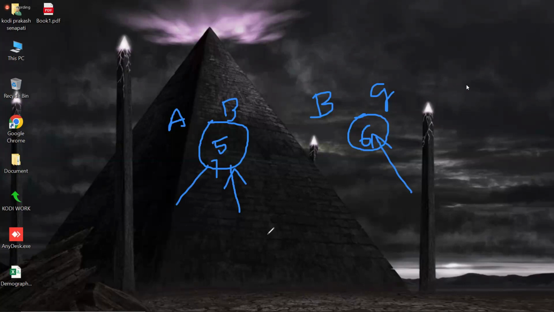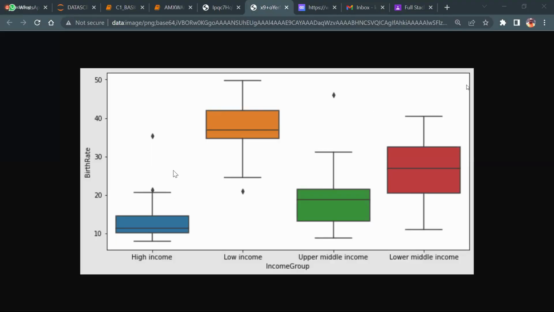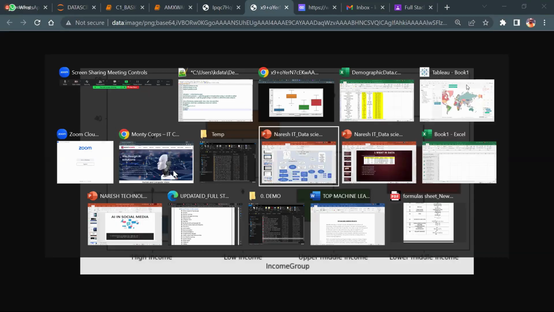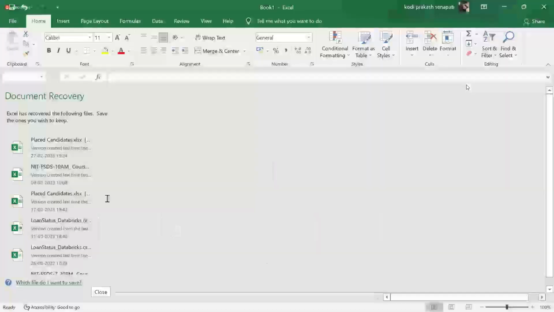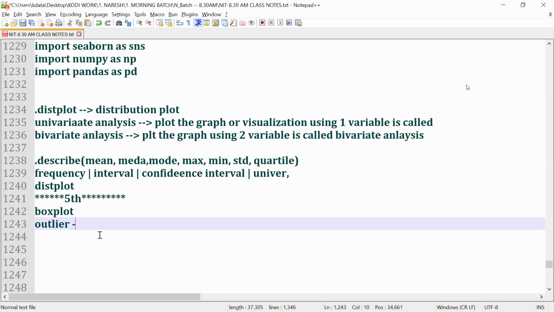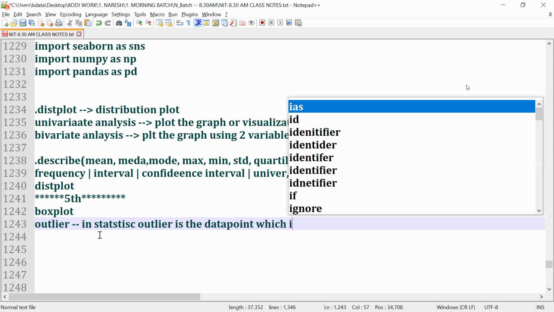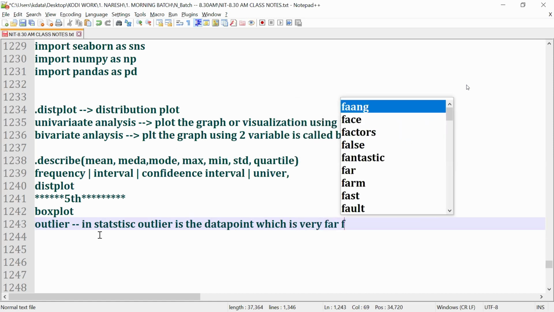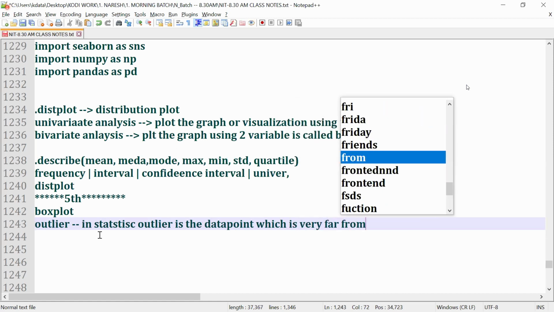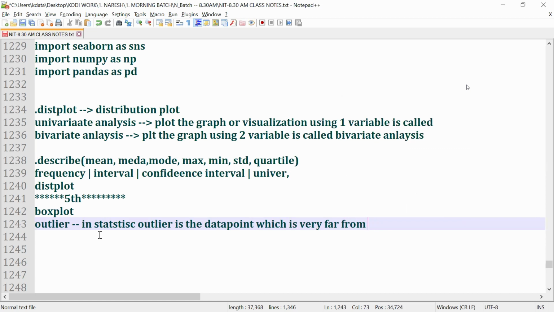In statistics, I will mention these things. In statistics, an outlier is a data point which is very far from other observations.